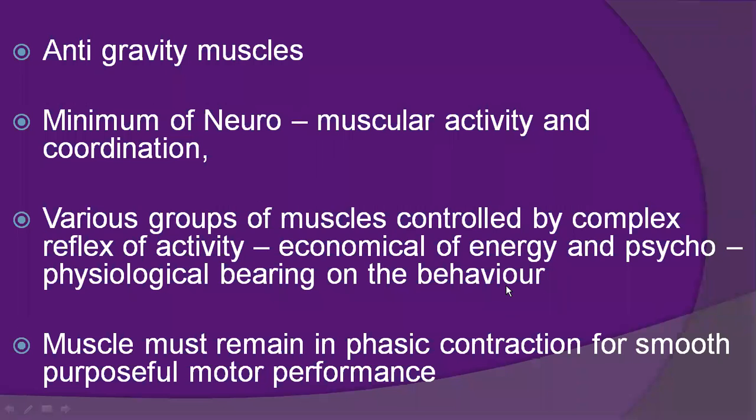For example, if you're practicing the asanas, you can slow down, you can reduce your temper in the static position. So muscle must remain in tonic contraction for smooth, purposeful motor performance.